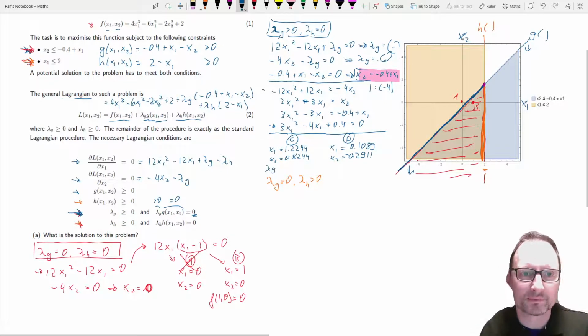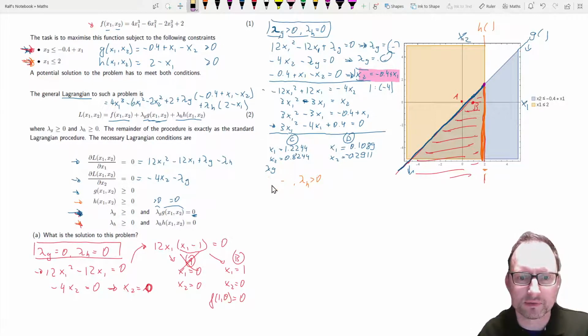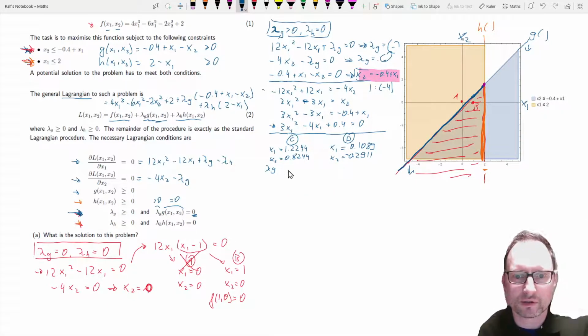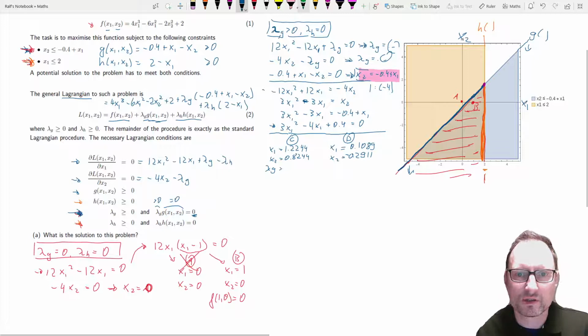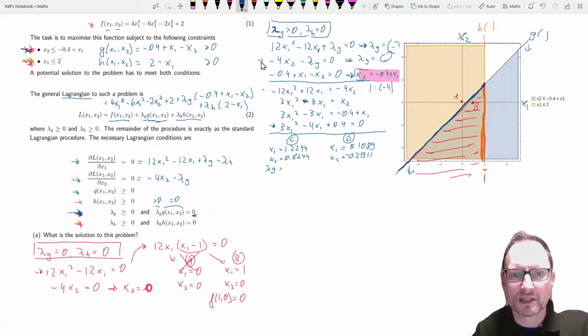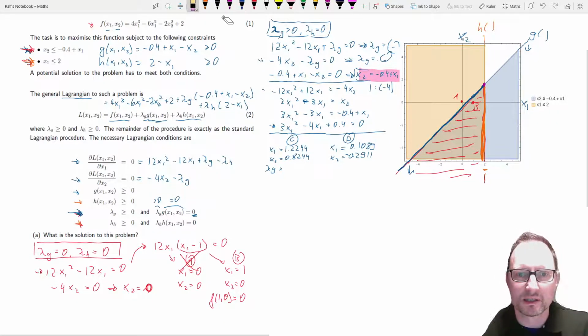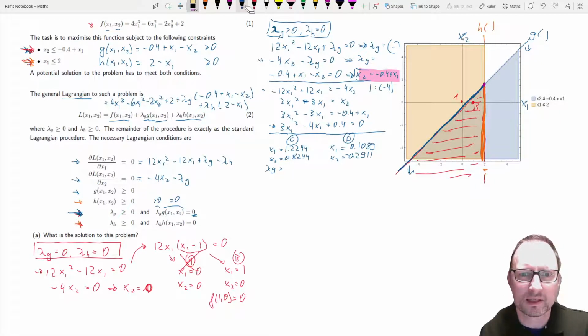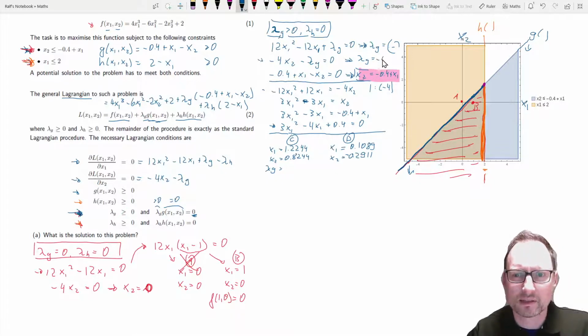The lambda g, actually I'll temporarily give myself a bit more space here. We'll get back to that point. So what the lambda g is, now once we have x2, we know, actually I should write that down, from this equation here, when we solved for lambda g, what we did get is that lambda g is equal to negative 4x2.